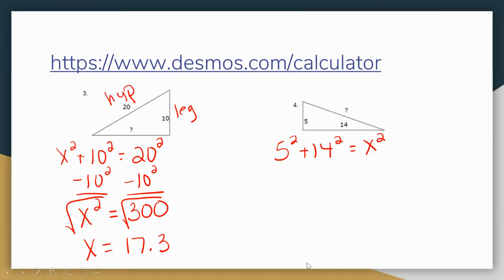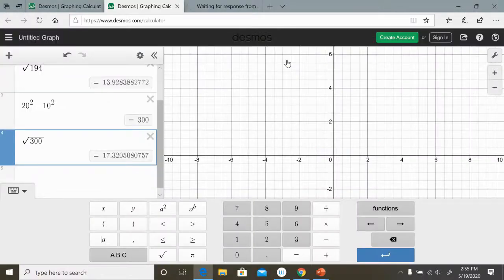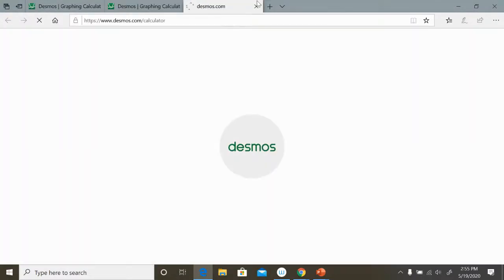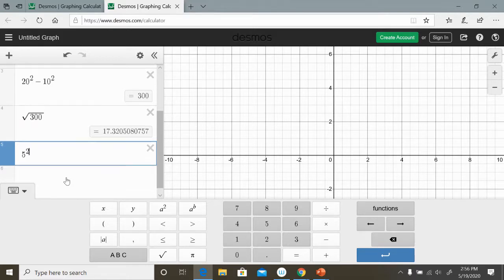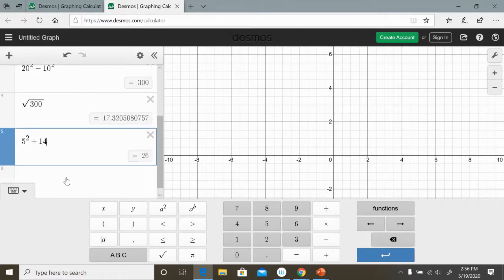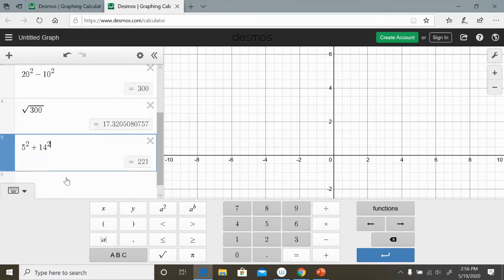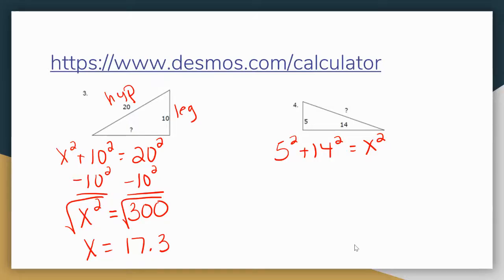We can do 14.5 squared plus 14 squared. That gives me 221. And then we take that square root.